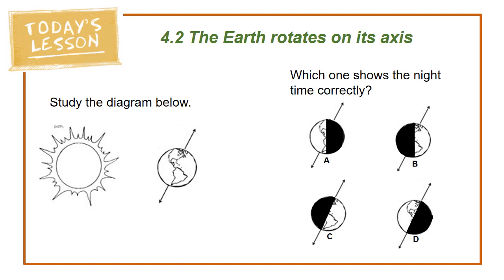Now, since the Sun in the diagram is on the left side, therefore the right side is nighttime. So B and C are not the answers. That leaves us A and D. In A, a vertical line is used, while in D, the axis is used to divide the Earth into half.